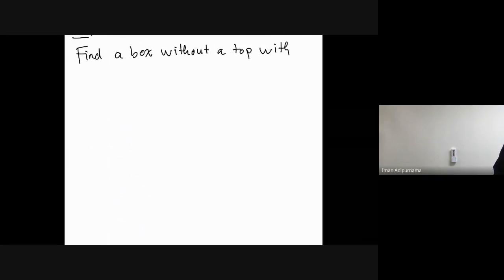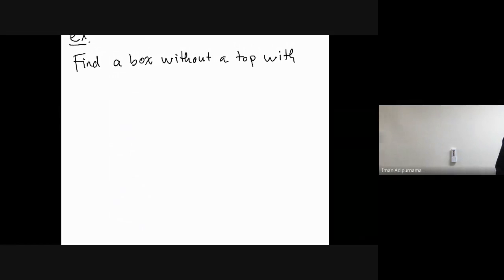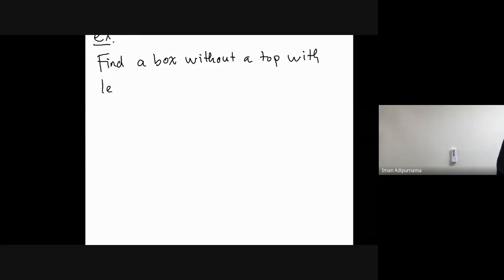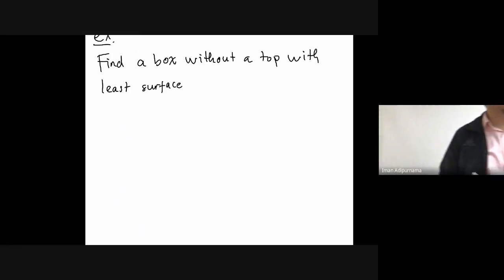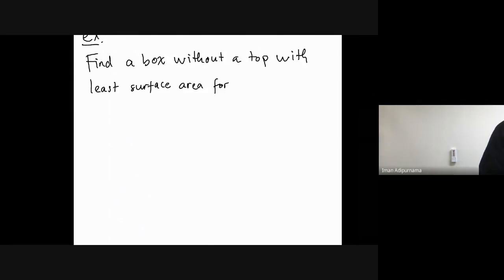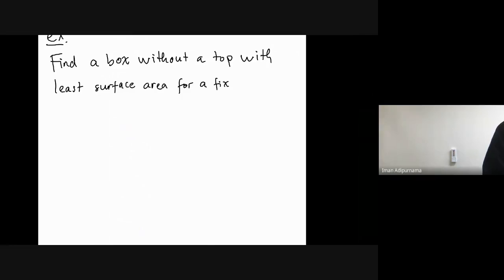Find a box without a top, I think it's quite similar to the first one, with least surface area for a fixed volume.